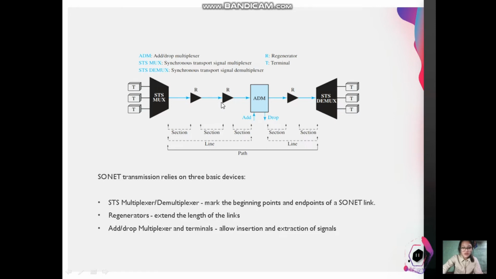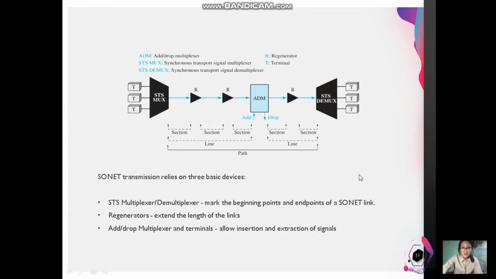The regenerated signals from the number of sources are then fed into the add-drop multiplexer. The add-drop multiplexer reorganizes these signals, if necessary, and sends them out as directed by information in the data frames. These remultiplexed signals are sent to another regenerator, and from there to the receiving STS demultiplexer, where they are returned to a format usable by the receiving links.